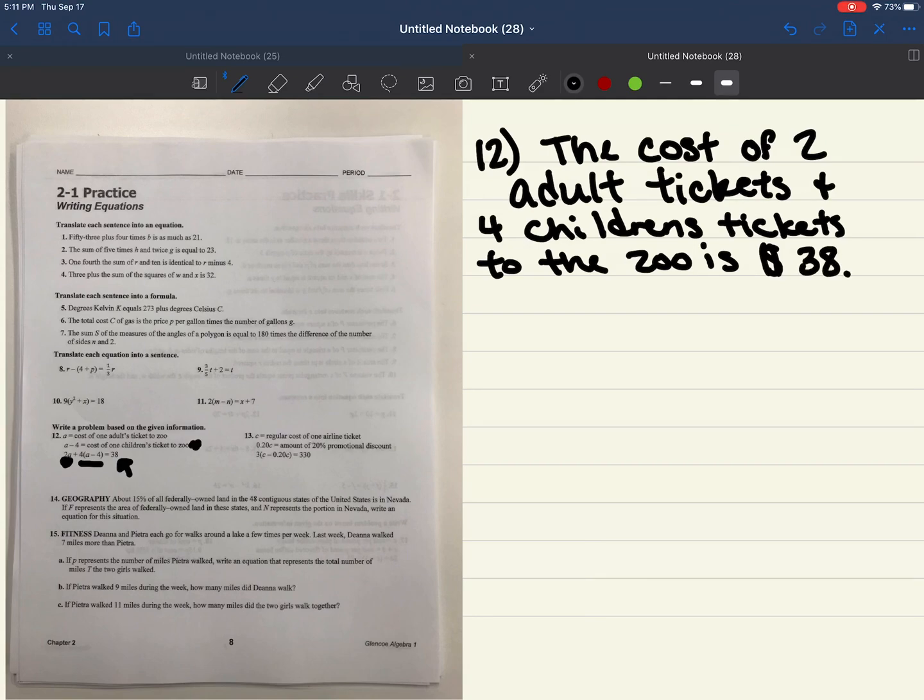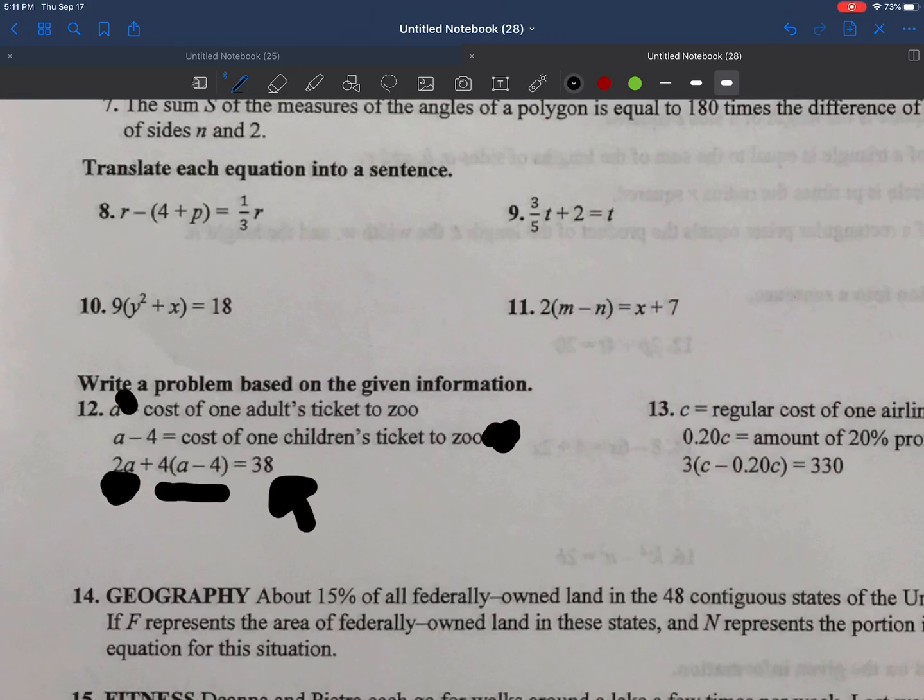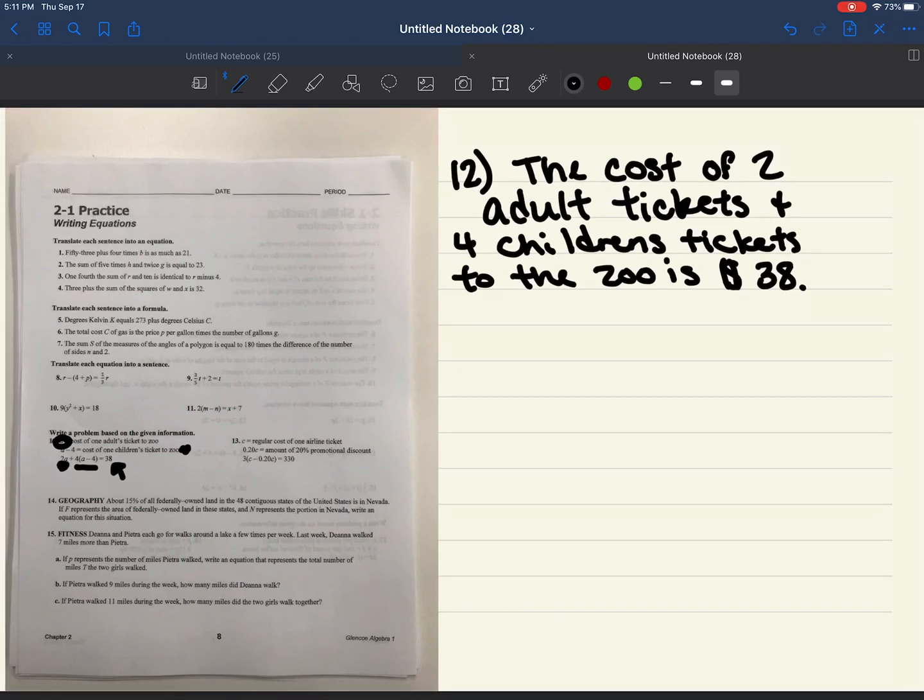Okay, so we stated everything we know. We know there's 2 adult tickets, we know there's 4 children's tickets, we know it costs $38. We need to ask a question because we're writing the problem. So what part of this are we wanting to figure out? Well, we want to know what the variable is, A. So how much is an adult ticket to the zoo?